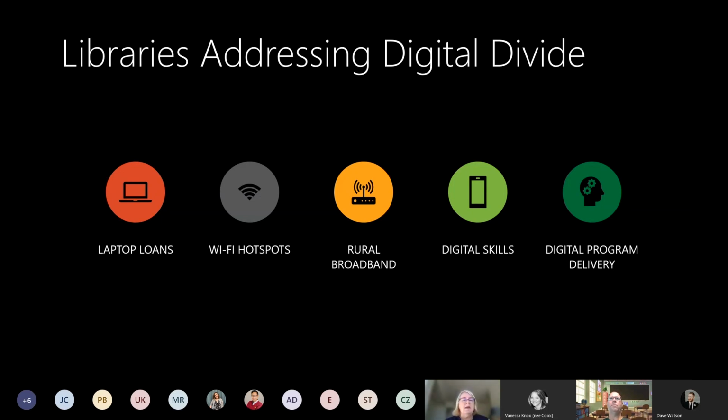And so we see libraries globally in the business of making Wi-Fi hotspots available, making laptops available. We saw a lot of that during COVID, people doing curbside service and getting everything out of their libraries to be available to the community. We see rural broadband. Actually, broadband access globally is a real issue because the world, particularly the content coming out of the United States, assumes a certain level of internet throughput that doesn't exist everywhere.